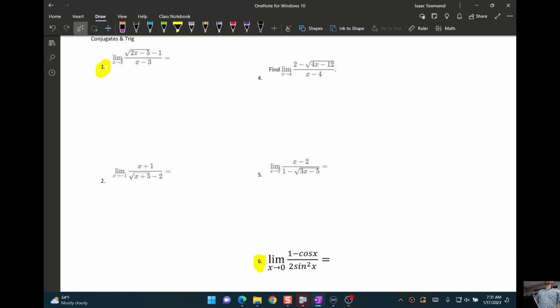After you finish 1 and 6, if you're still waiting for everybody else, then of course go ahead and start working on some others.